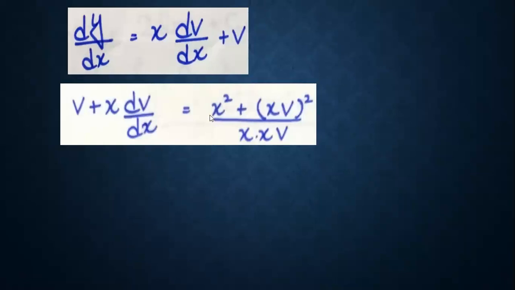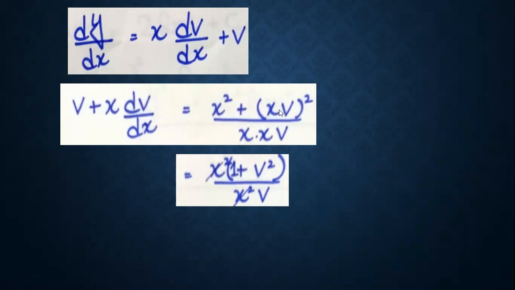On the other side, where we had x square plus y square, this y square is replaced with x square v square. In the denominator, we had x times xv, since it was xy actually. Here I'm going to take this x square common, and in the denominator we have x square as well.